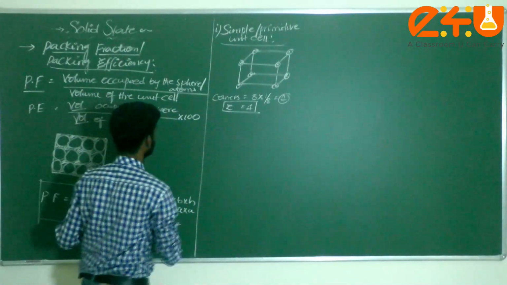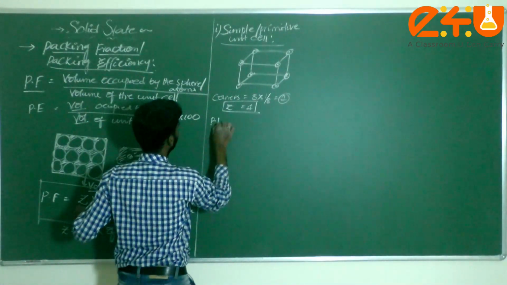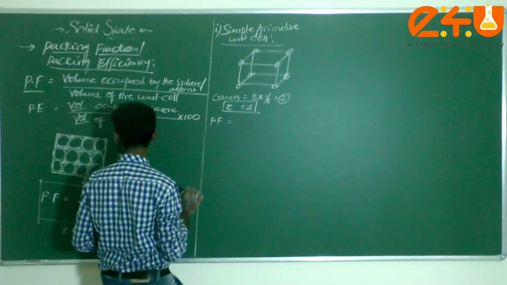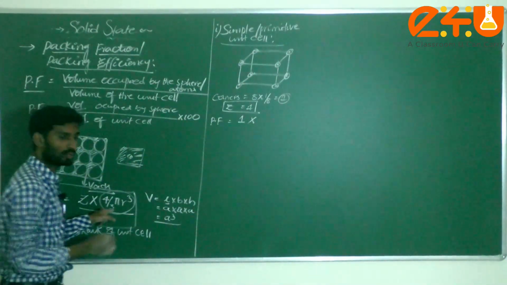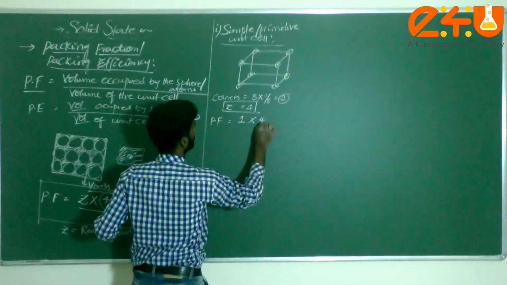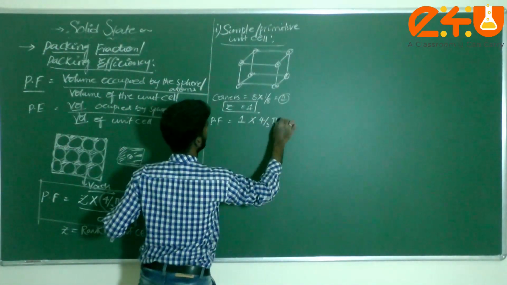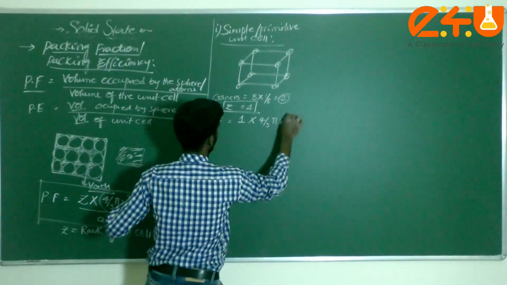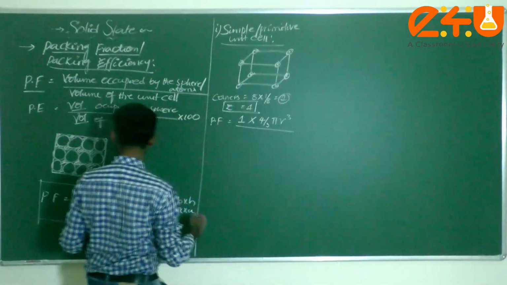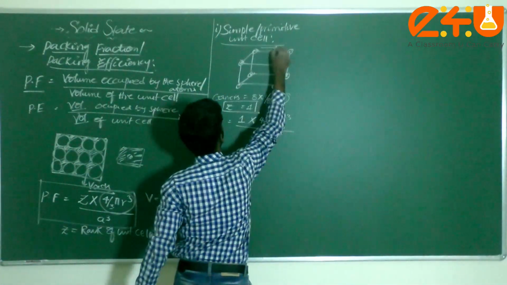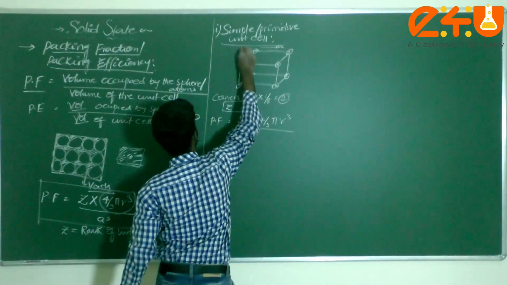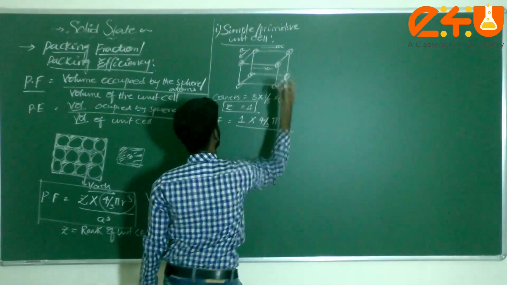Now I am substituting. The packing fraction for the simple unit cell is equal to Z value 1 into 4/3 pi r cube, divided by a cube, where a indicates the edge length.